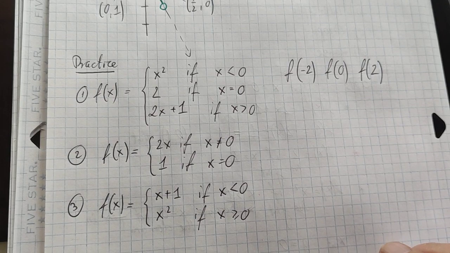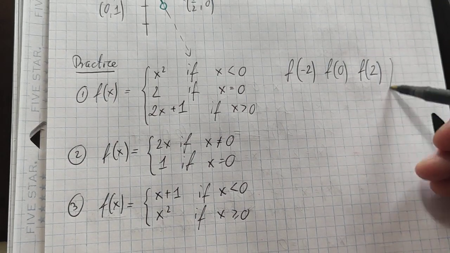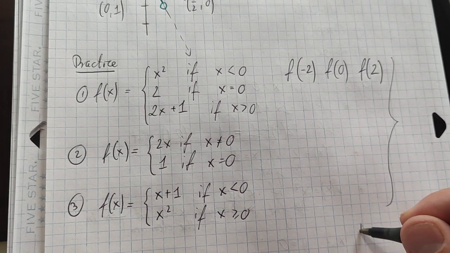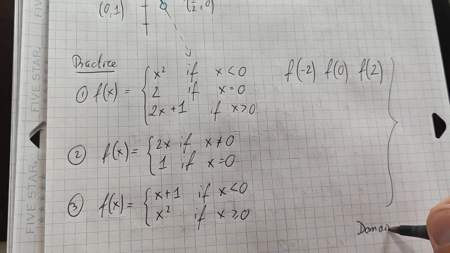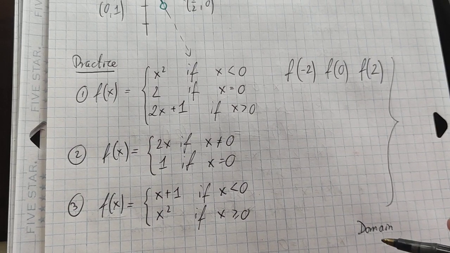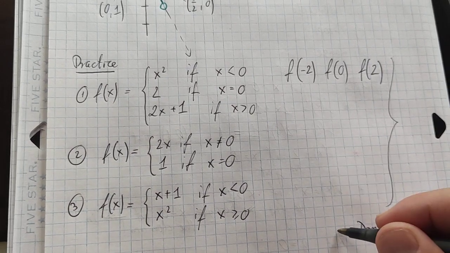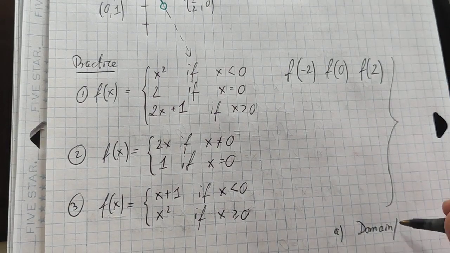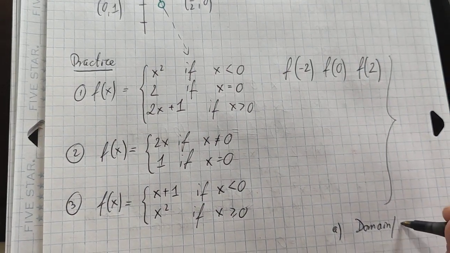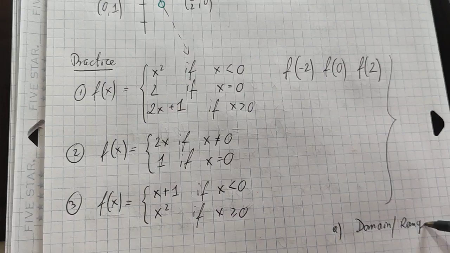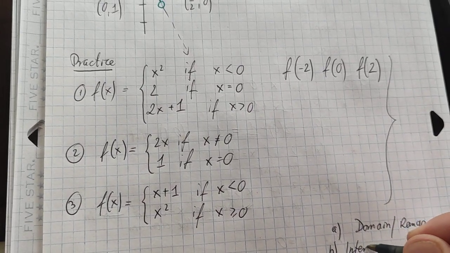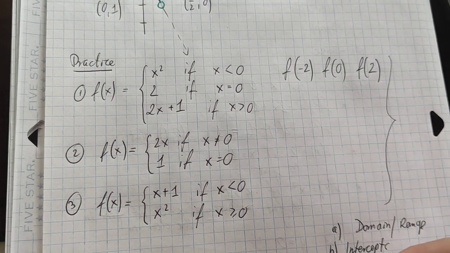Okay, so for all of those, get the domain, and then range. Yeah, we forgot to do range here, but I'll do it in a moment. Domain, range, B intercepts, and C graph.